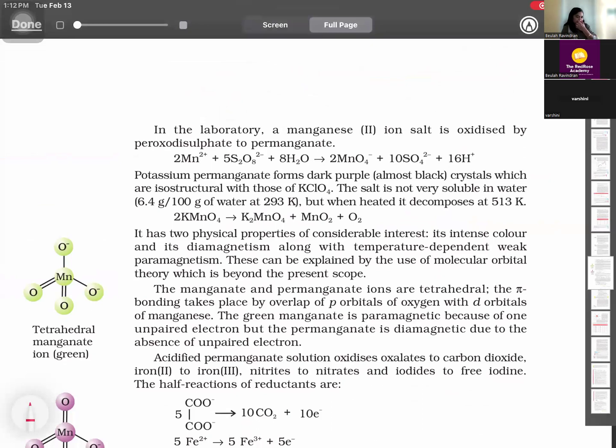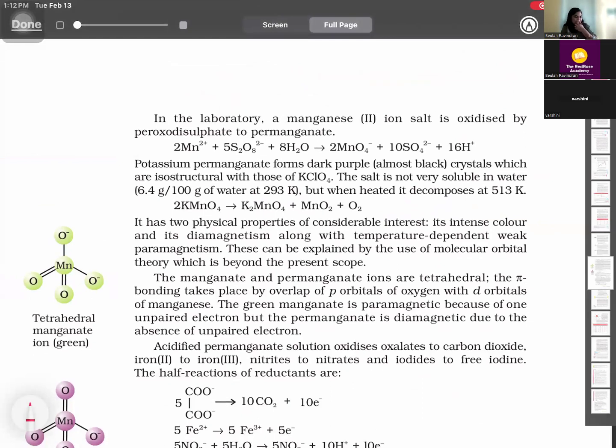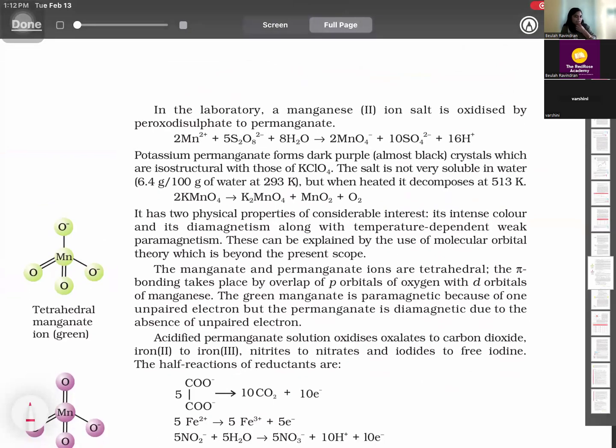Then, in the lab, manganese 2 ion salt is oxidized by peroxodisulfate to permanganate. This is also one reaction given in your book. What is it? 2Mn2 plus, and S2O8 2 minus is peroxodisulfate.